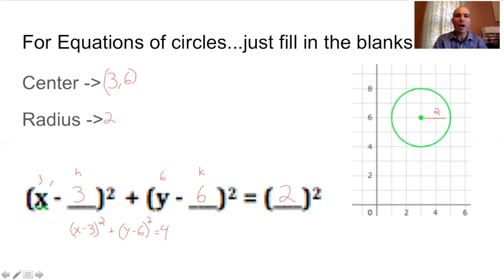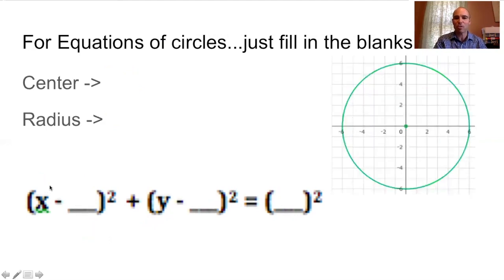Now, why is that how it is? If you just go back to the original equation, this is the one that we did before, where it was x minus 0, y minus 0, and it was just x squared plus y squared. What would you have to subtract to make this 0? Well, nothing, because the center is already 0.